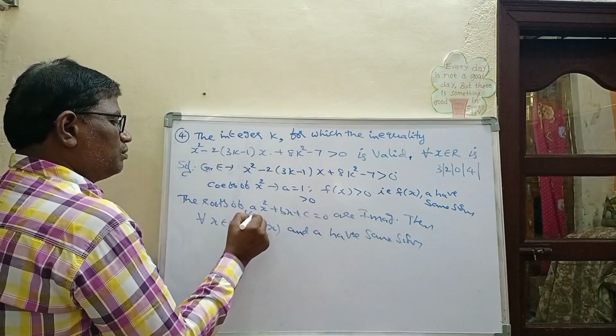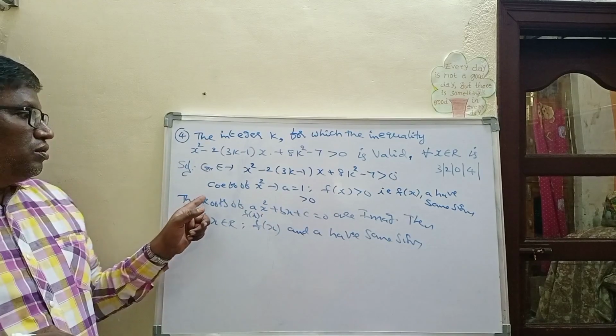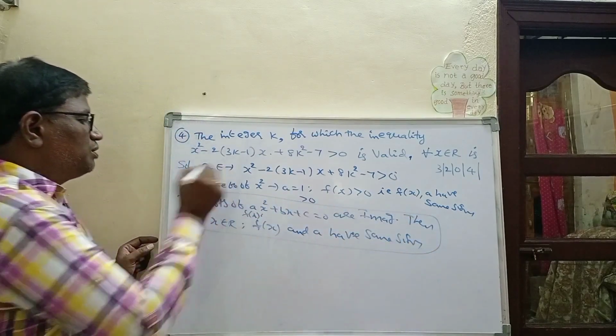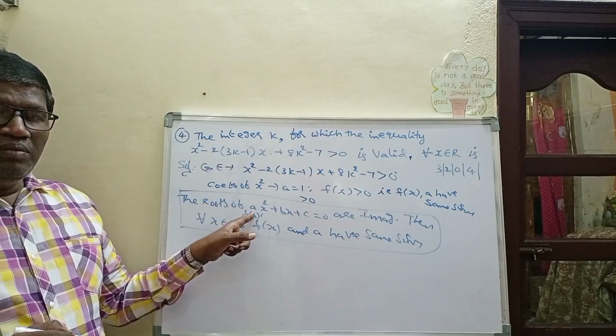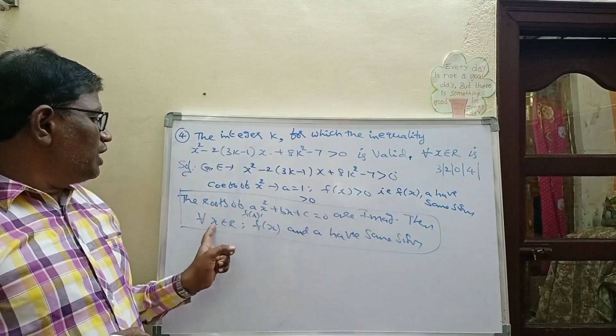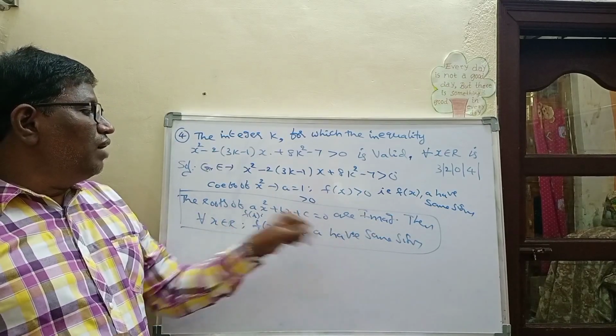So once again, this is the statement corresponding to, for this problem, the roots of f of x is nothing but ax square plus bx plus c equal to 0 are imaginary. Then for all x belongs to R, f of x and a have same sign.